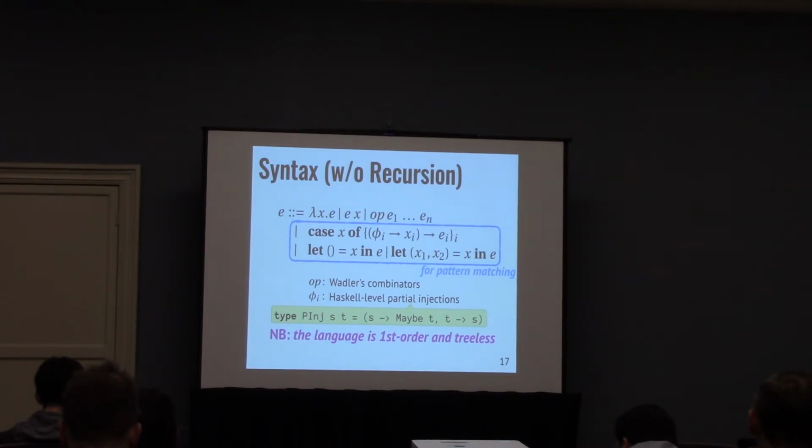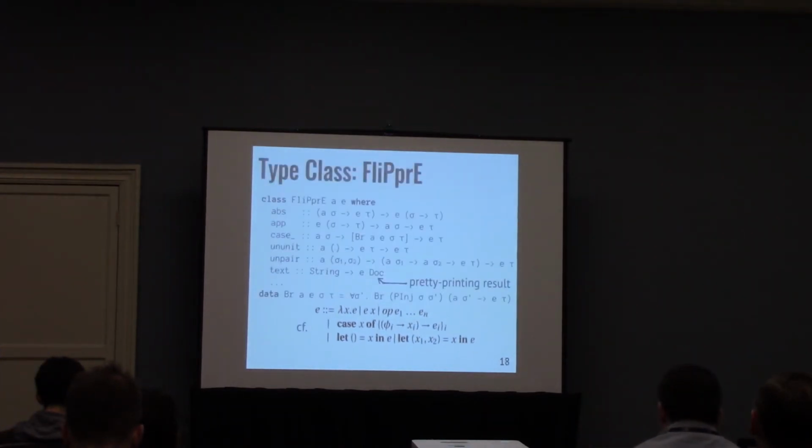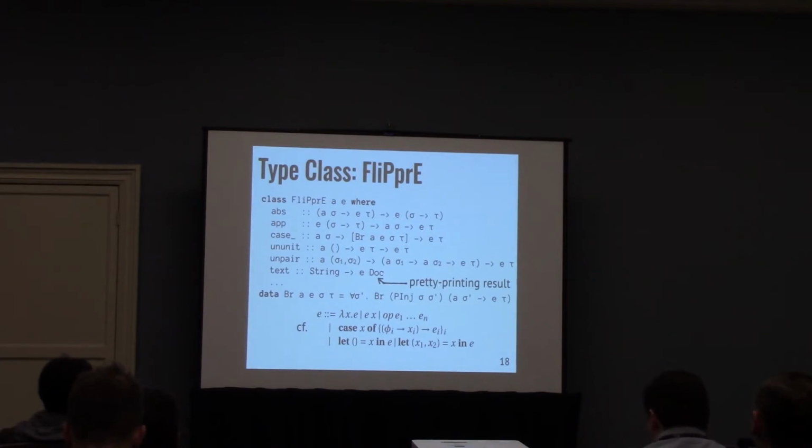You can see that we only allow variables in some specific positions, for example, the argument of a function application and the scrutinee position of pattern matching. So this is still a treeless programming language. Having this defined, the embedding is rather easy. We just prepare the type class representing its syntax.